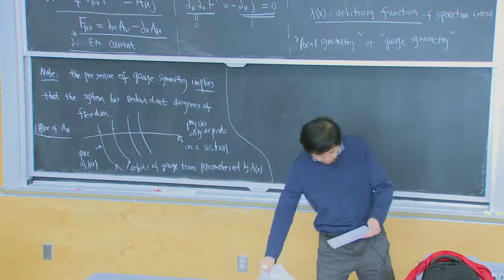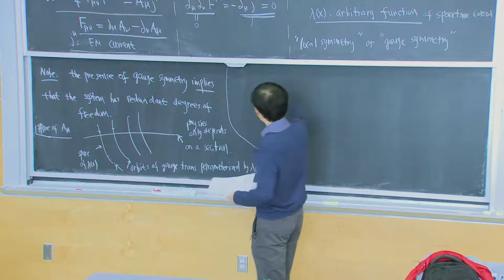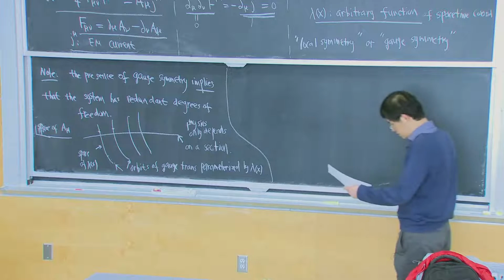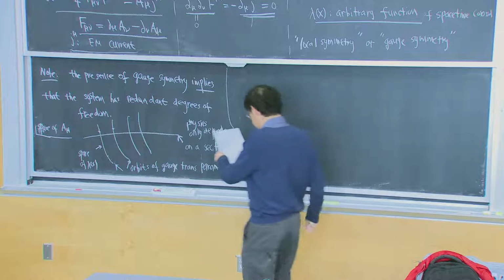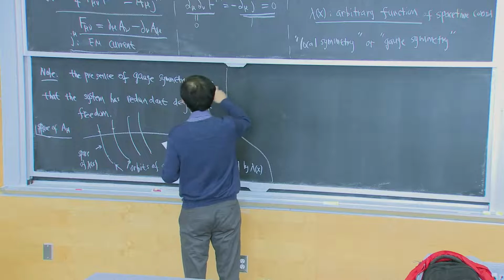So the fact that we can choose this lambda arbitrarily means that in this case there's one scalar degree of freedom. Lambda is just a scalar field in space-time coordinates.